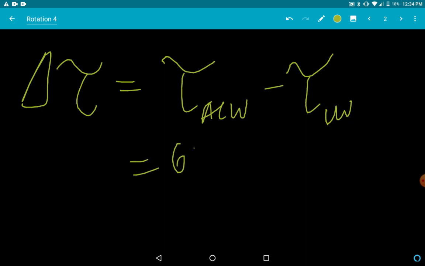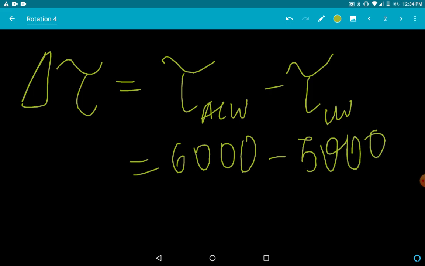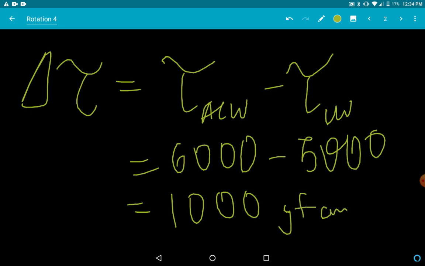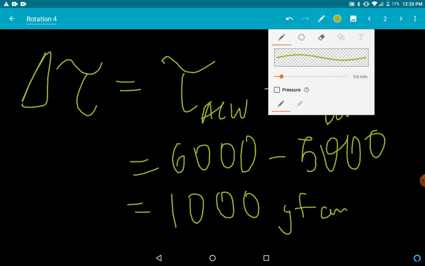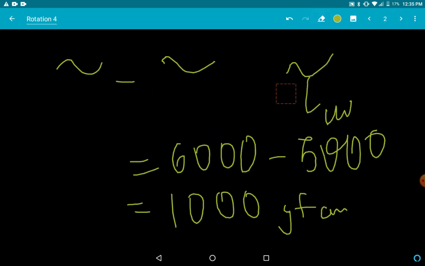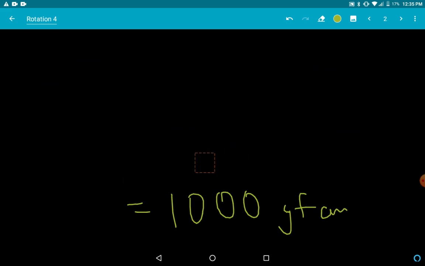So it should be 6000 minus 5000, equal to 1000 gf centimeter. So we have completed even this part. Okay, now let's try to do the rest.